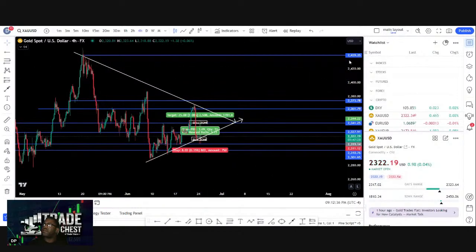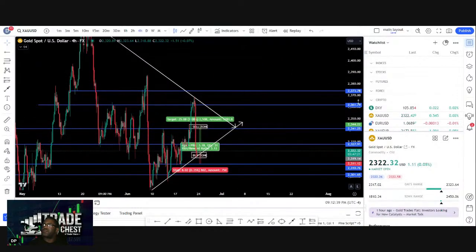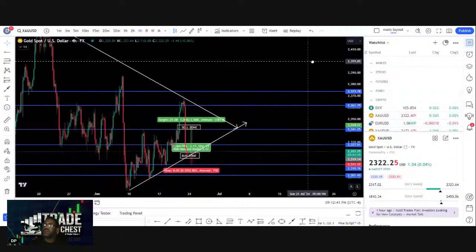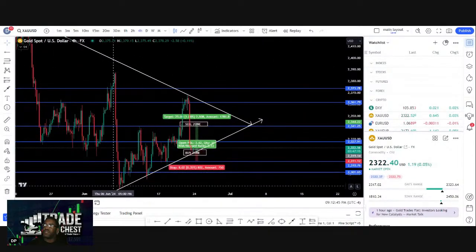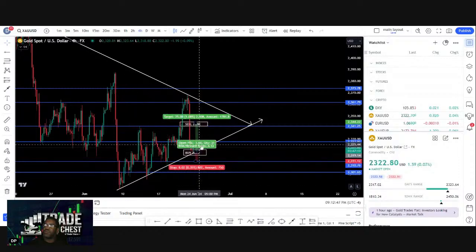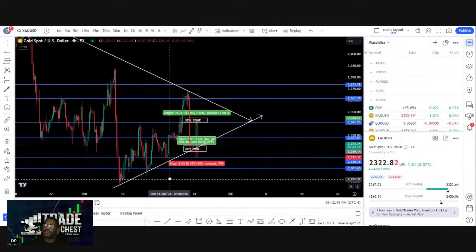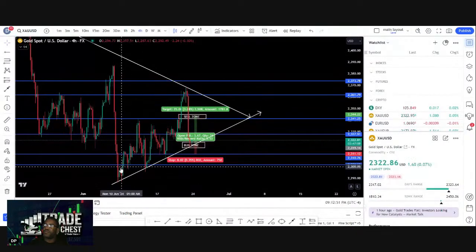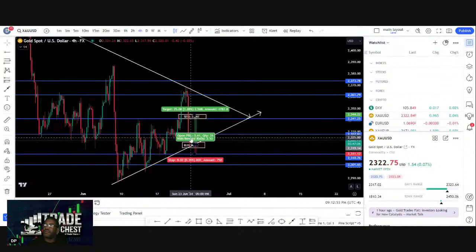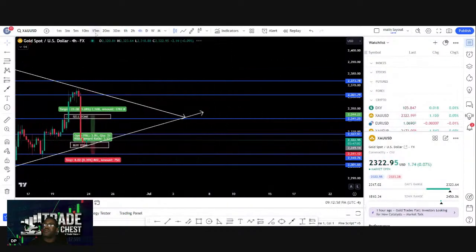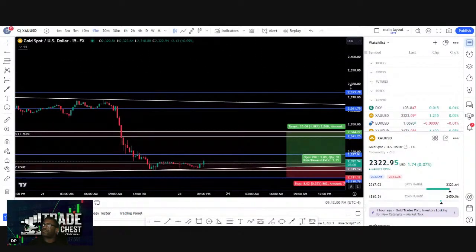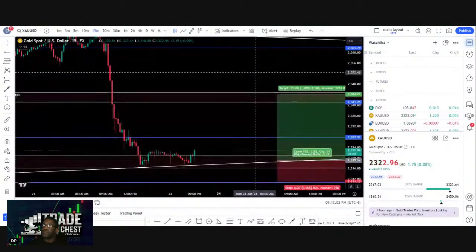So we got the divergence right there. We'll make a decision. But we can see it found support right where it was supposed to find support. All right, so that's the natural movement of the market. We have a little bit more confidence in our position, being that we saw that.